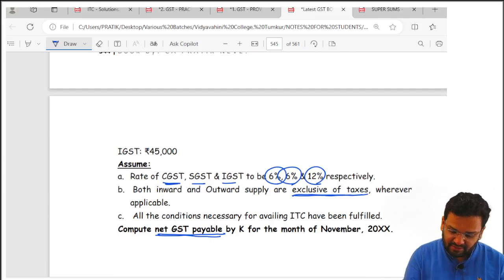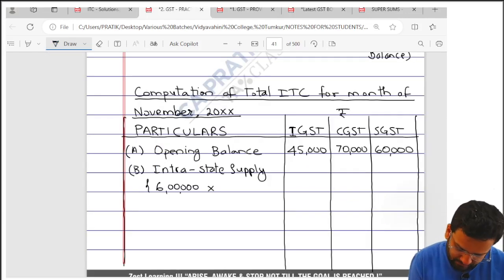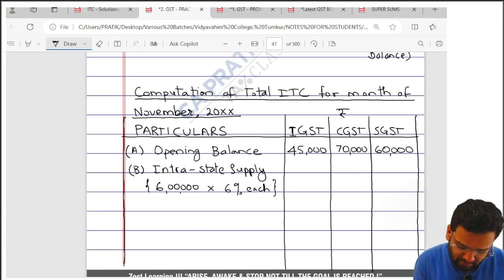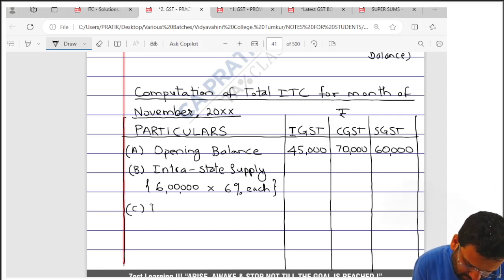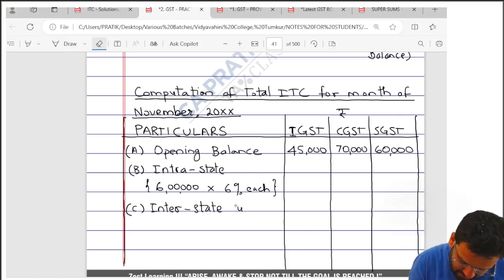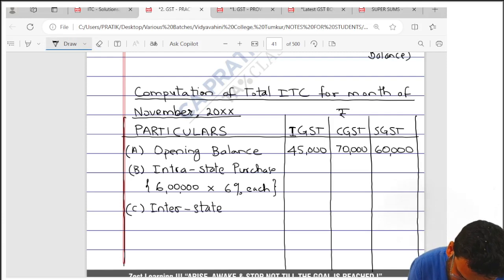But right now it is intrastate, so I will take 6% each. For intrastate I am talking about. So I will take 6% each, and see on interstate supply. Supply means purchase. If you are getting confused, then better write purchase here. Intrastate purchases, interstate purchases.